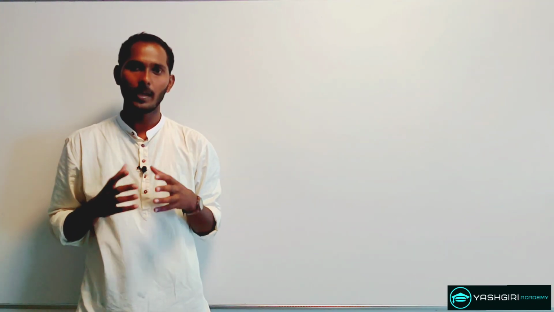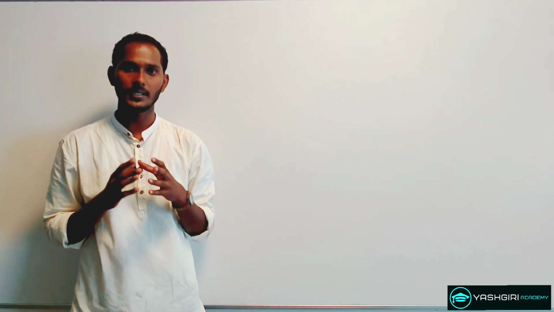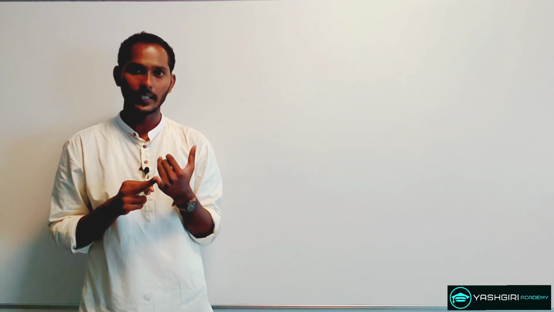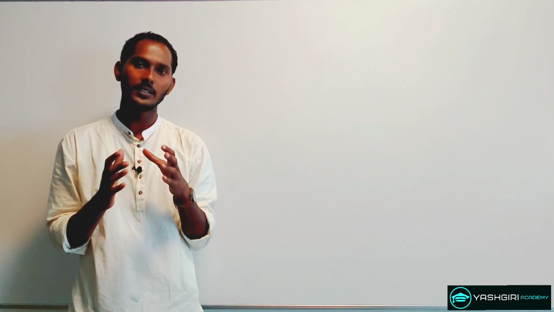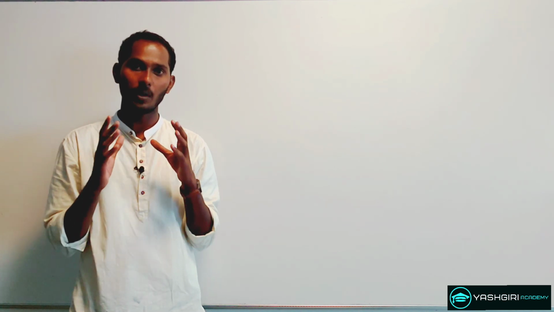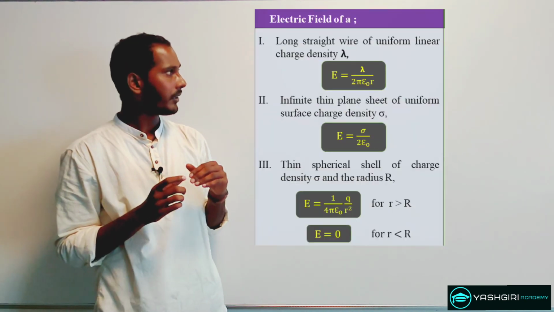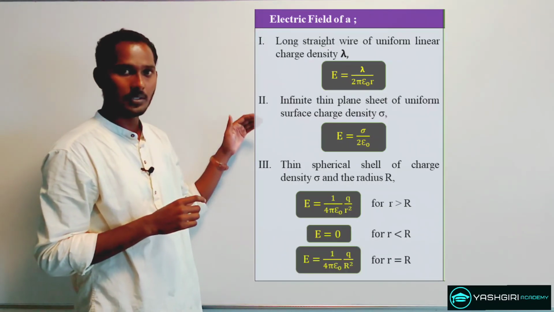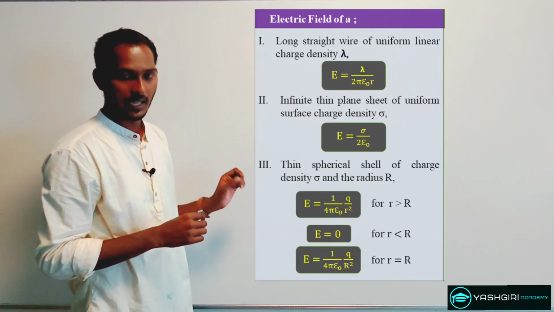So the things to remember from today's session are the techniques used in getting an expression for the electric field due to a system of symmetrical charge configuration with the help of Gauss law. These are the few expressions that we have derived in today's session.